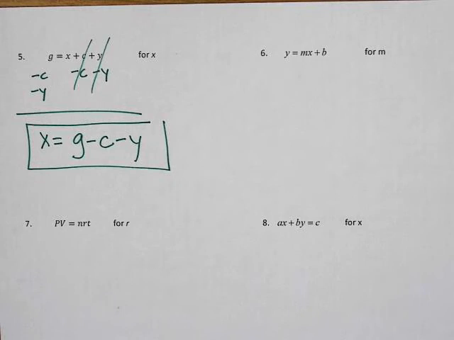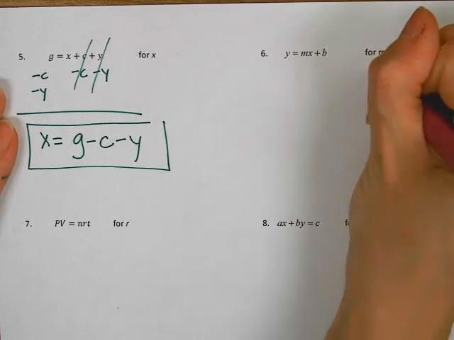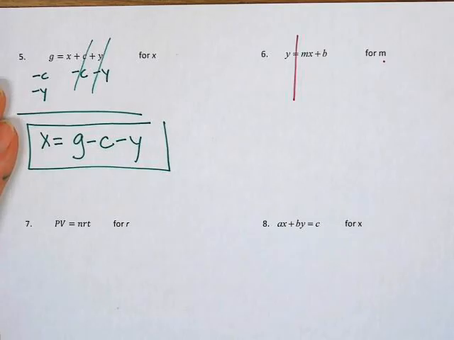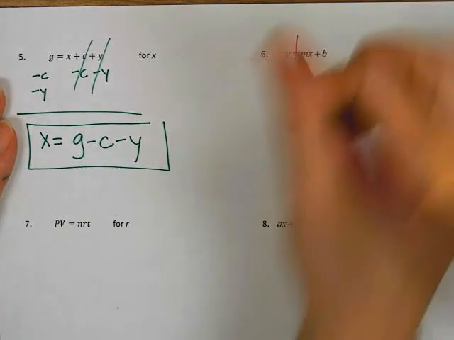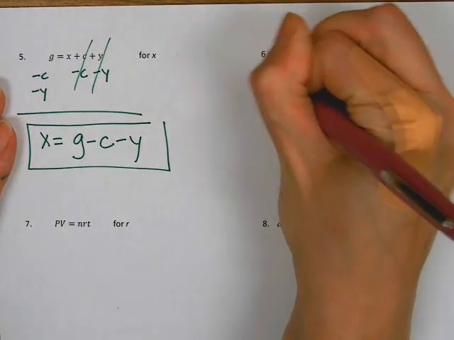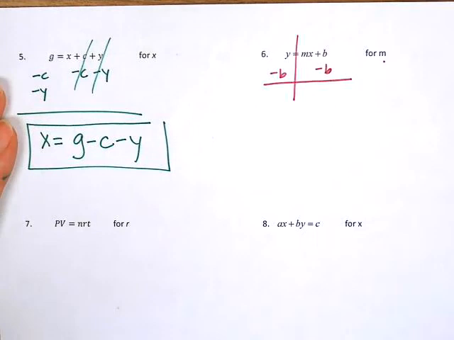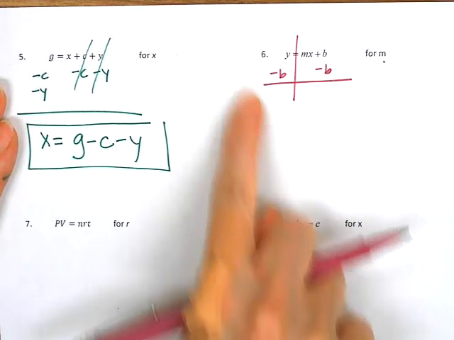All right, number 6. Y equals mx plus b. You guys know this one. How would you get m alone? Okay, and the hard thing on this one is you have to subtract the b first. First, you got to get that constant to the other side.